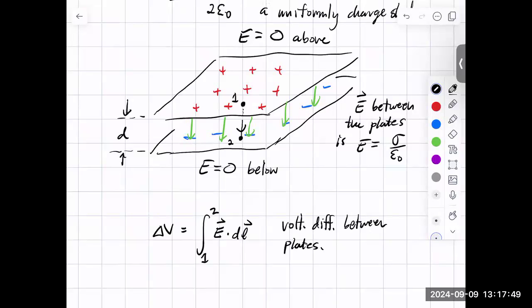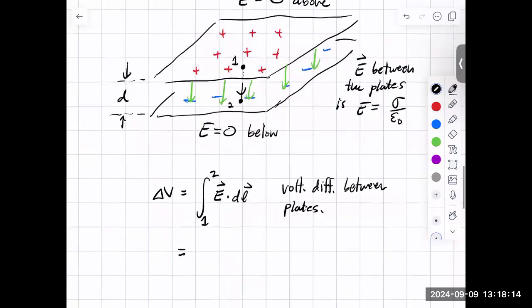If I follow this path, the total length that I'm going to travel is d, the separation between the plates. I'm always moving parallel to the electric field, so the dot product goes away. E is a constant, so it can come outside the integral. If you evaluate this, it's just E times the distance d.